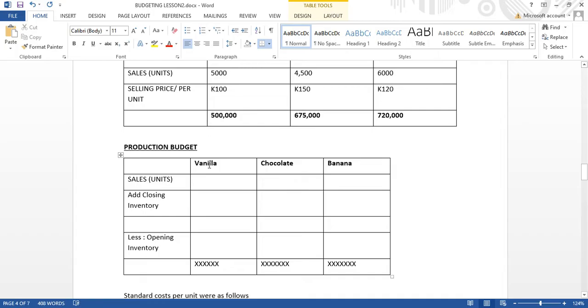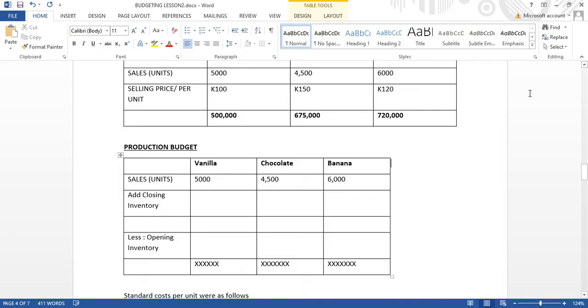And then number of units, let's say vanilla 5,000 units, chocolate 4,500 units, banana 6,000 units.